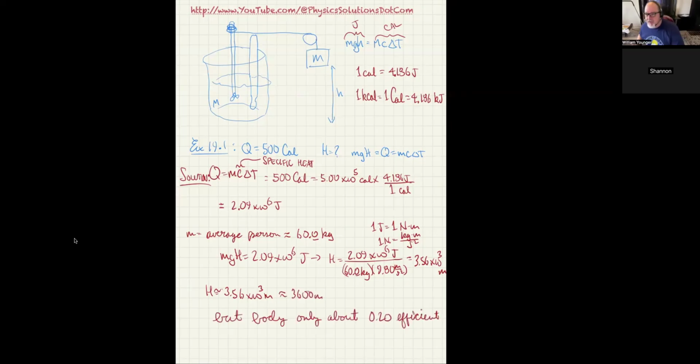So 80% of the heat that would go into climbing that height is just going to be wasted, since we lose so much to friction and energy loss in the muscles and all that. Therefore, you can think of it as the equivalent of only having to go 20% as high. So 20% of 3,600 meters is 360 times 2, which is about 720 meters. Any questions on that?